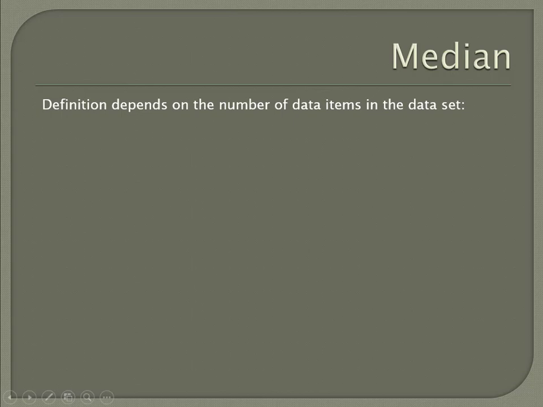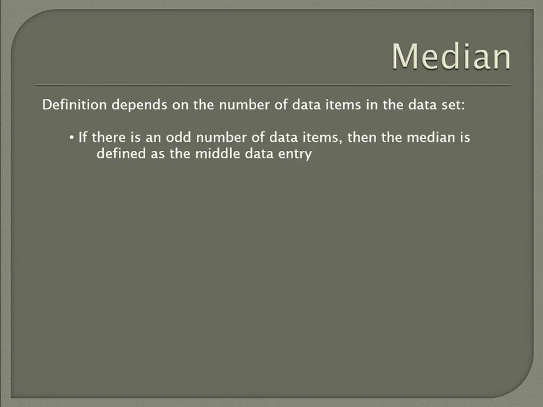Let's take a look at the median. The median has a definition that depends on the number of data items in the data set. If there's an odd number of data items, then the median is defined as the middle data entry. The data set does have to be sorted though.